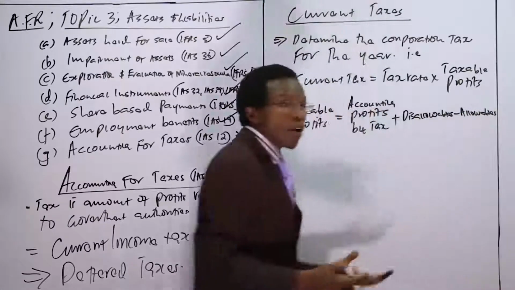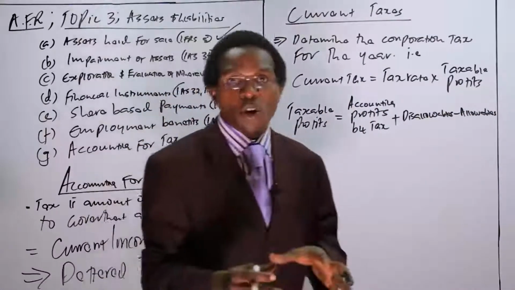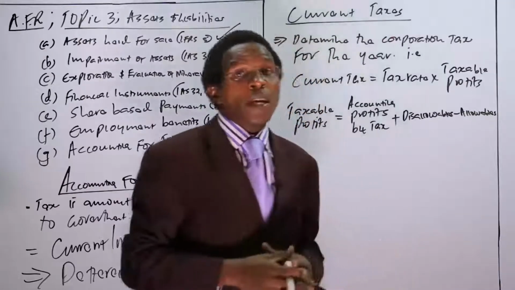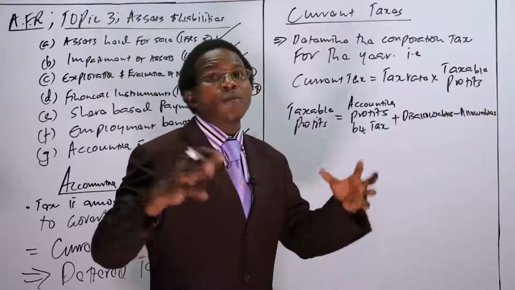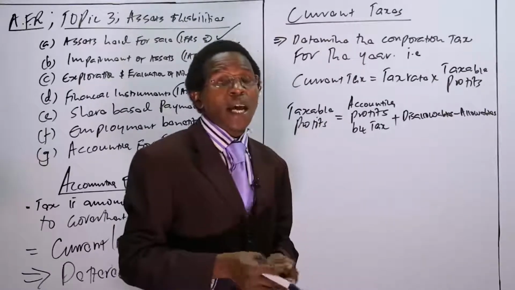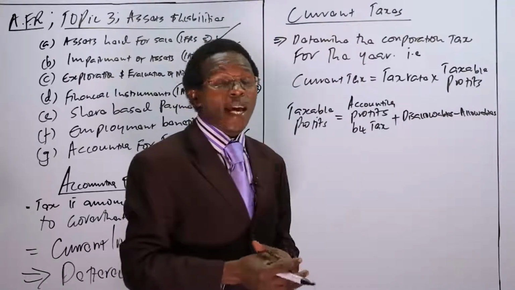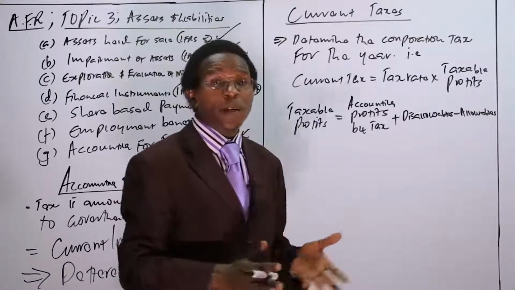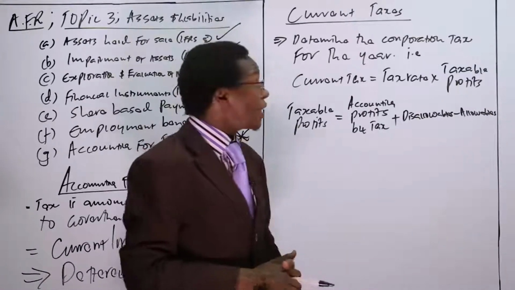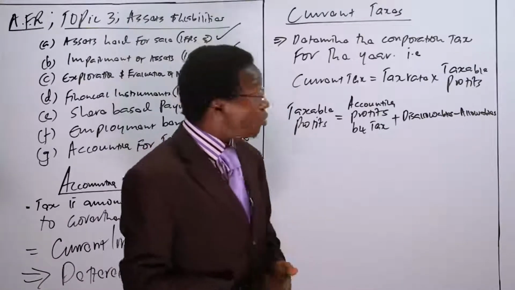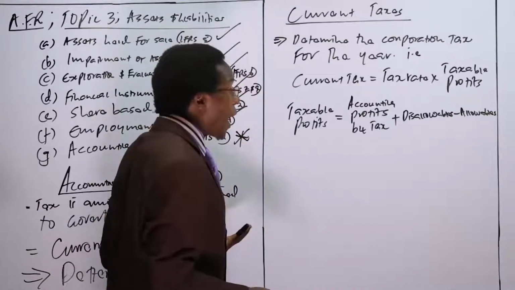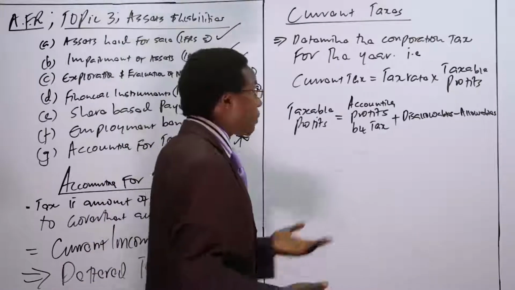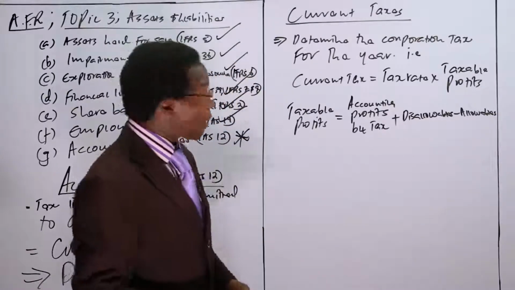Remember, the disallowables are those expenses you have recognized in your financial statements for the purpose of determining the accounting profit, but the tax authorities do not allow them to be adjusted against profits. So you add them back.